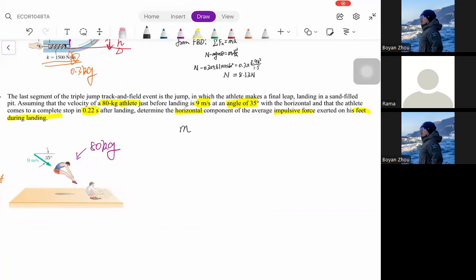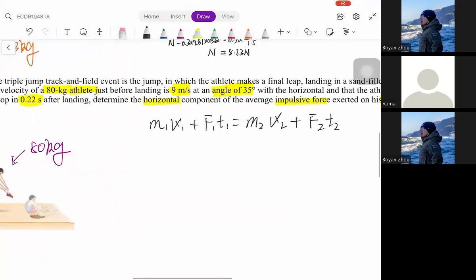So the same thing, we're going to apply the conservation of momentum and impulse. In this equation, the first moment, on the left-hand side, is when the guy is still flying, not landed.